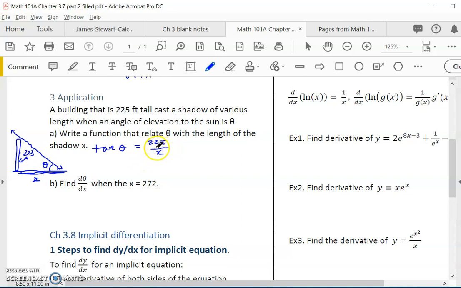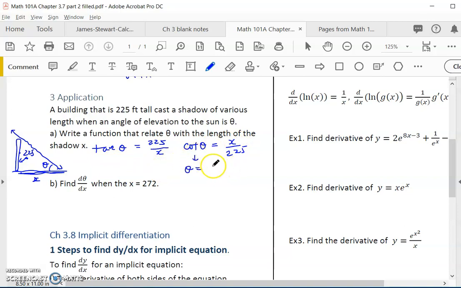This is good enough, but I can also do cotangent theta equal to x over 225. Which one should I use? I think this one is easier because x is in the numerator. So I'll pick this.